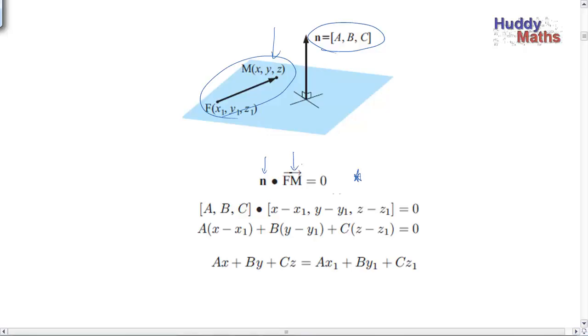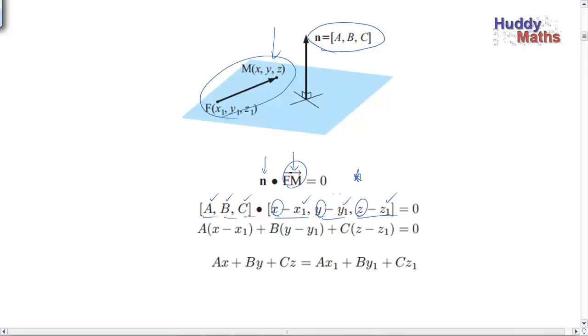And if we dot all that out, we know the normal and we know the point on the plane, and this is the general point whose coordinates we're trying to describe. So it's A by X take X1, B by Y take Y1, C by Z take Z1. Are you sure about this vector FM?